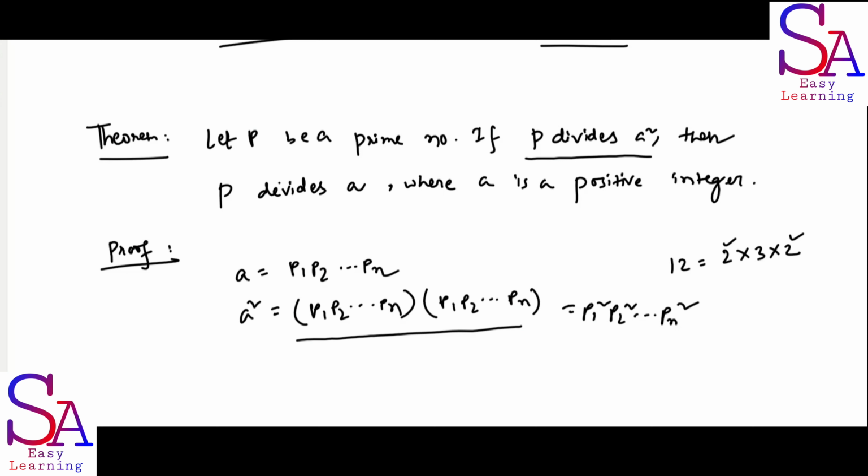Given that P divides A square, by the fundamental theorem of arithmetic, it follows that P is one of the prime factors of A square, because P divides A square.